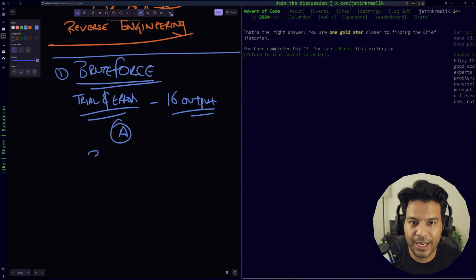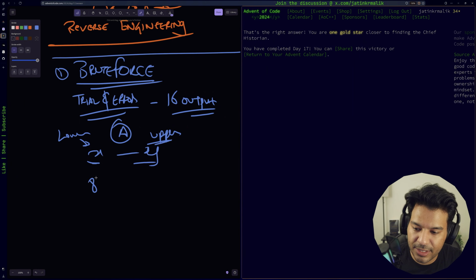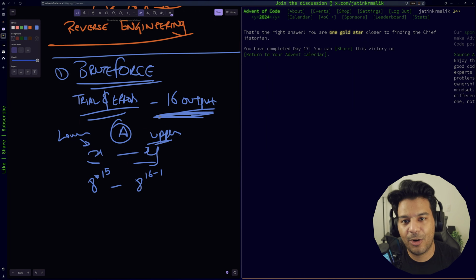So this should be in between some x comma y, the lower bound and the upper bound. I spent a lot of time looking at the code, but I was able to figure out these bounds. This bound was 8 raised to the power 15 to 8 raised to the power 16 minus 1. And minus 1 because we wanted it to be a 16-digit output.